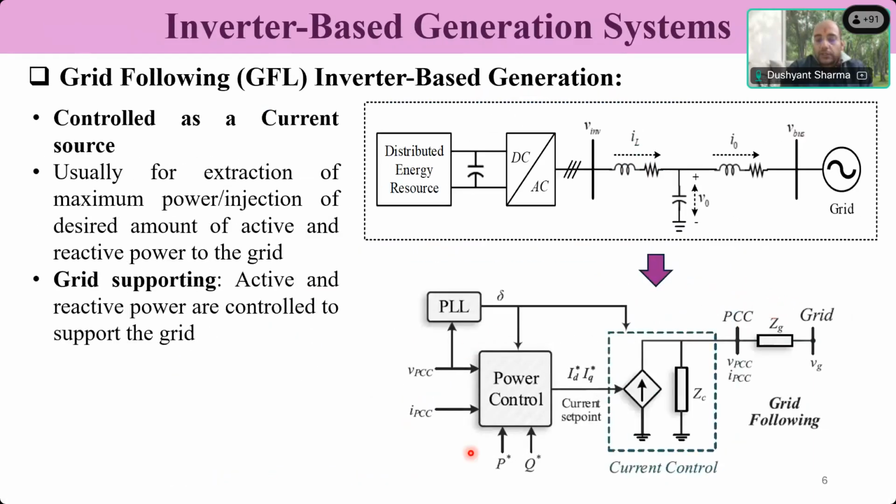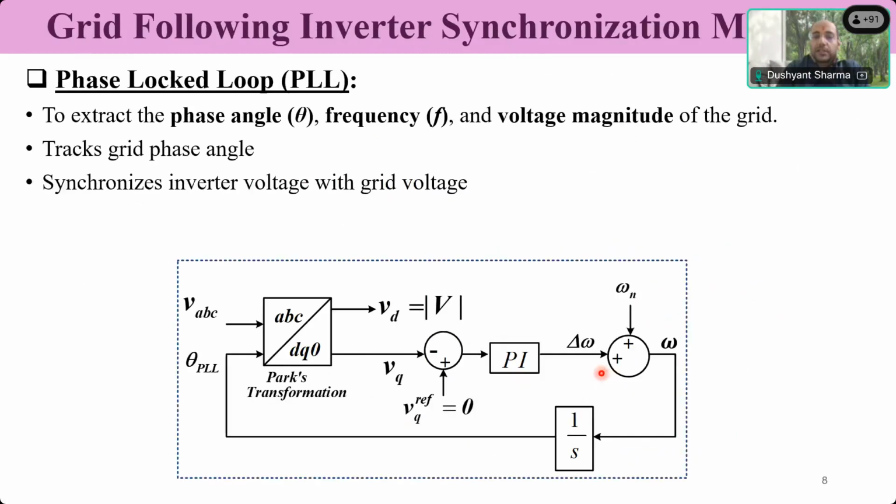If you see this figure, there are current set points, ID star, IQ star. So we have been talking about this, that the inverter actually behaves like a current controlled source or a current source. So that means the current, how much current is to be injected, is controlled in two axes. One is the D axis and one is the Q axis. By giving it set points, okay, this much current, D axis and Q axis.